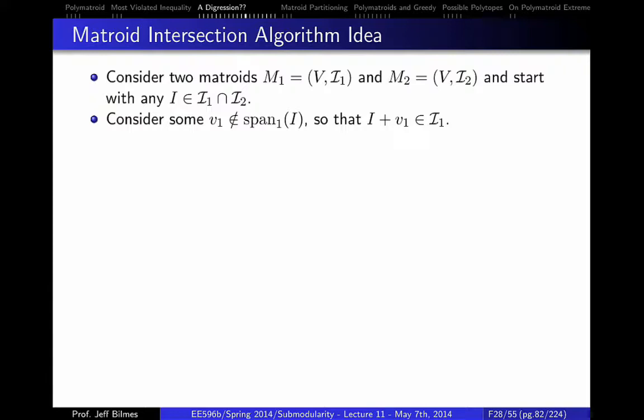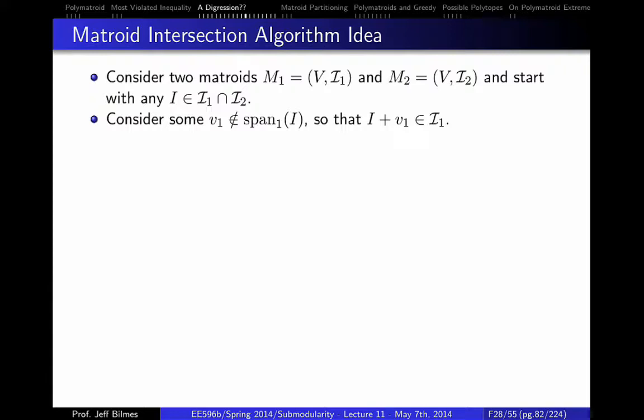Now we're going to use matroid stuff. So let's choose some new element v1 that's not in the span of the current independent set with respect to the first matroid. So in the bipartite graph case, what would span 1 of I be? It would be all of the edges in the current block within which I lives, say, on the left side of the bipartite graph.